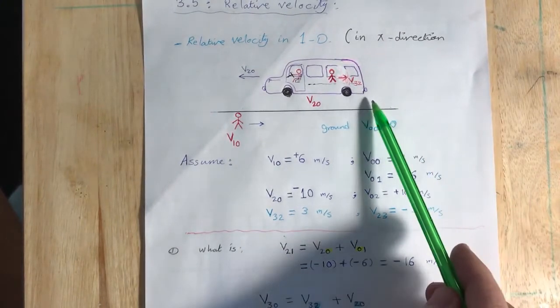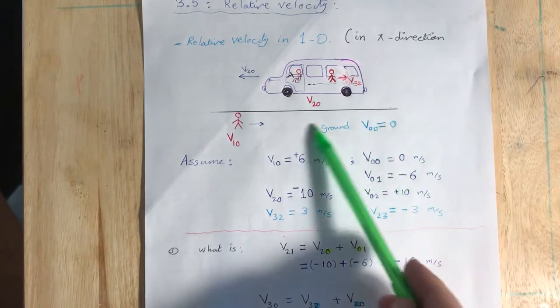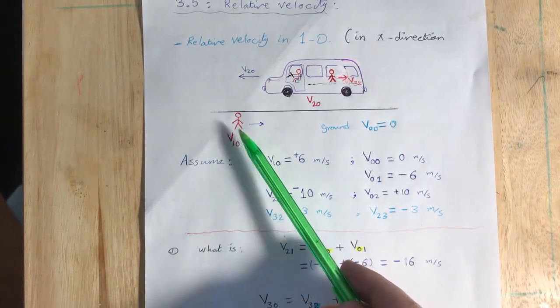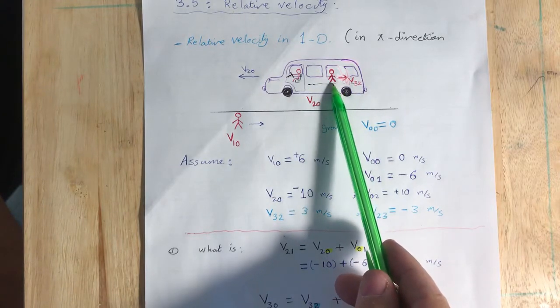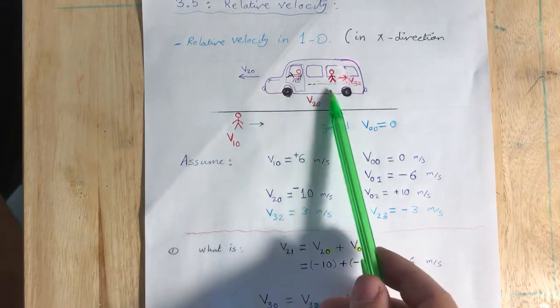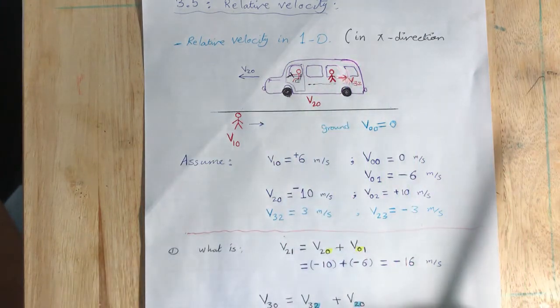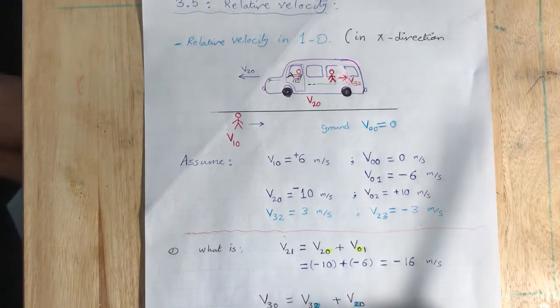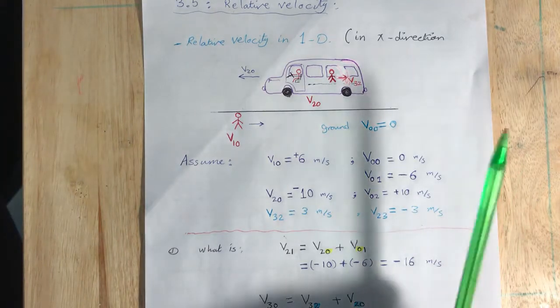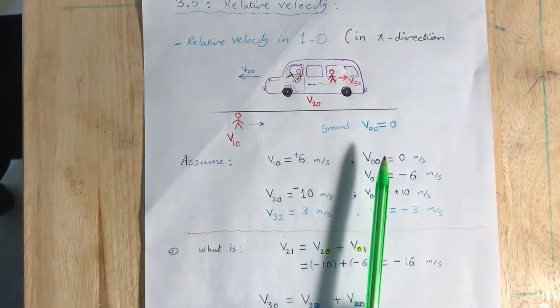If we have a bus and we have the road and we have the ground and a person on the ground and a person inside the bus, we need to understand the problem. Each thing from these things is moving with a velocity.